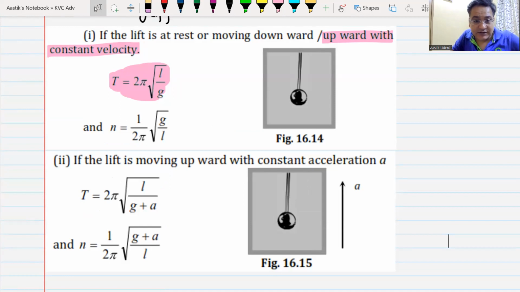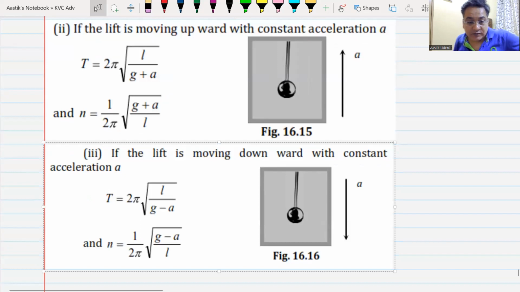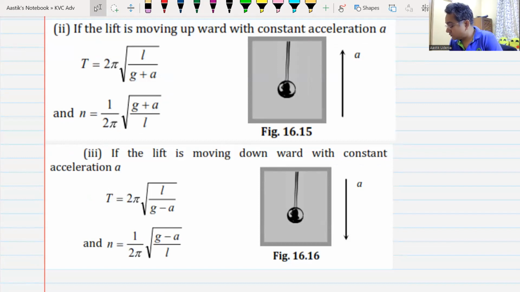Yes, sir. If the lift now starts to move down with a constant acceleration A, then your formula becomes 2 pi root over L by G minus A.